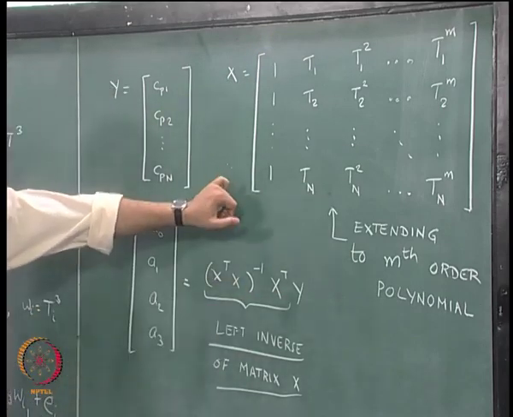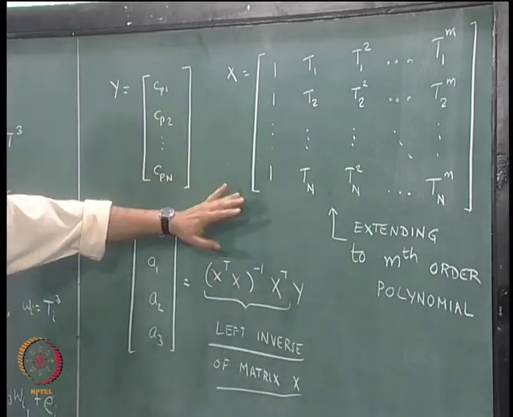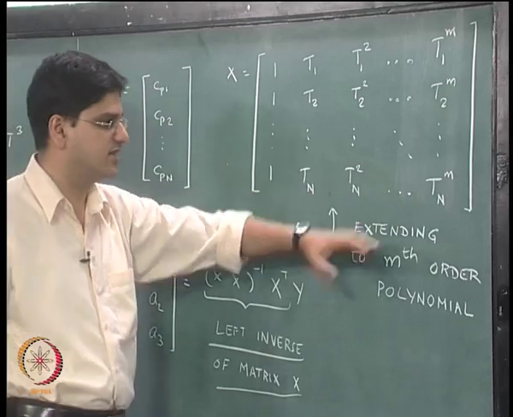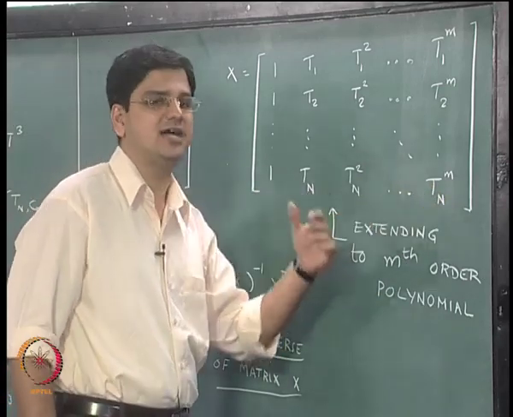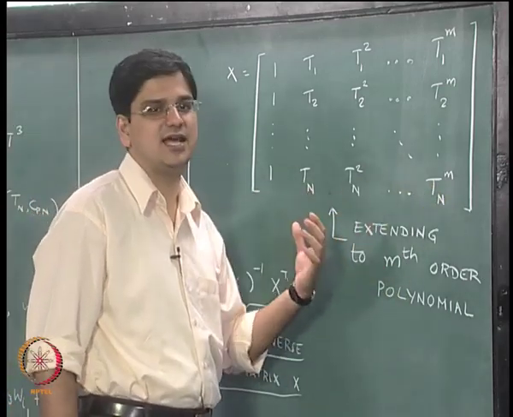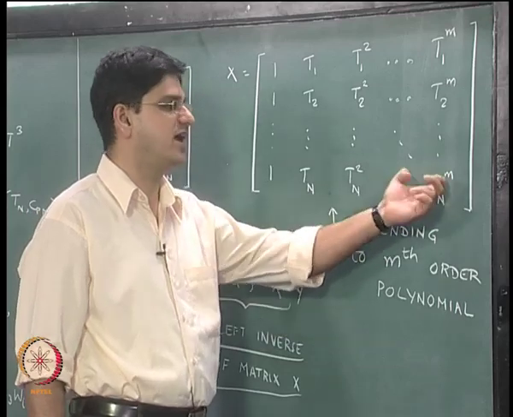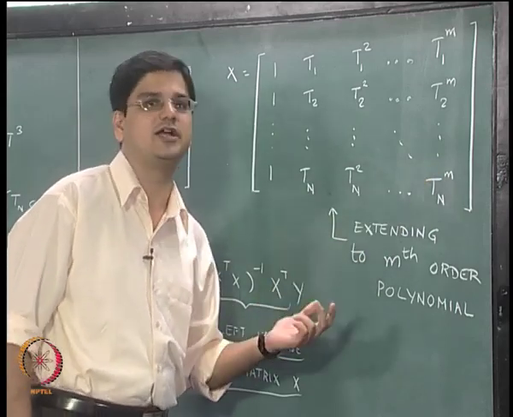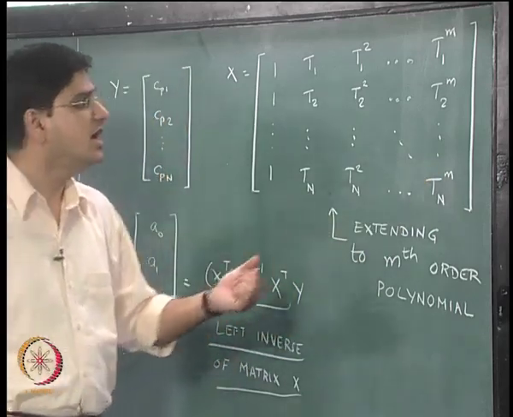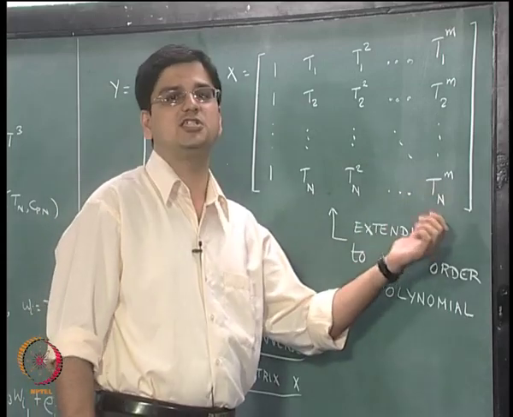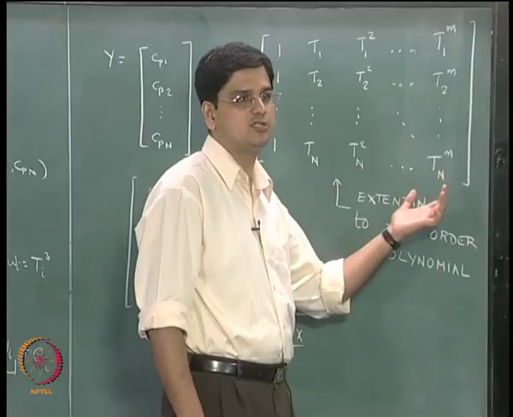The first thing that is necessary in a case like this is that m has to definitely be less than n. You cannot have m equal to or greater than n. In general, m has to be much less than n for this to work.